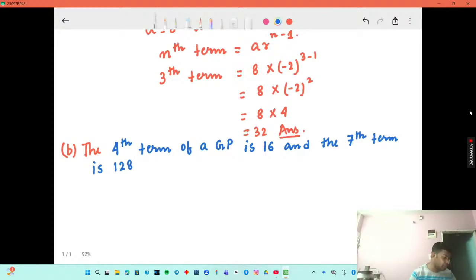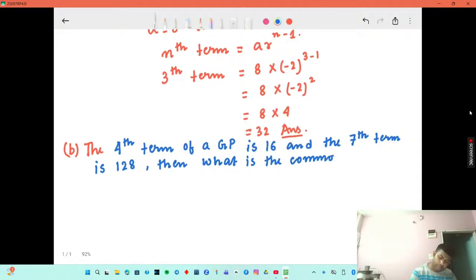Then what is the common ratio? So now can you please help me to solve this question? So here the question is given as the fourth term of a GP is 16 and the seventh term is 128. Then what is the common ratio?